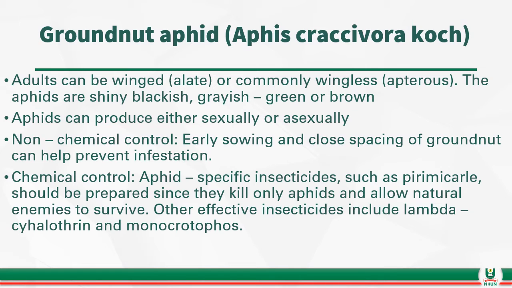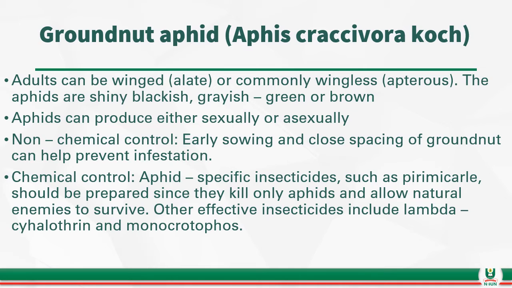So to overcome this problem non-chemically, if you don't want to use chemicals, then you have to plant your crops early and use close spacing. Don't let the spacing between rows be too much. You have to close it to help prevent infestation.